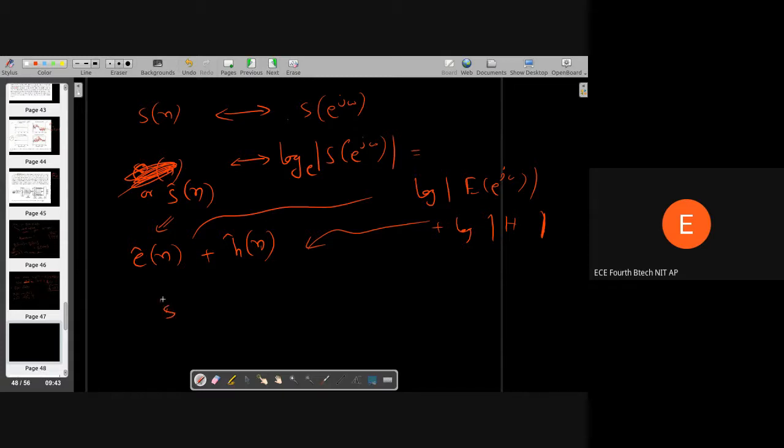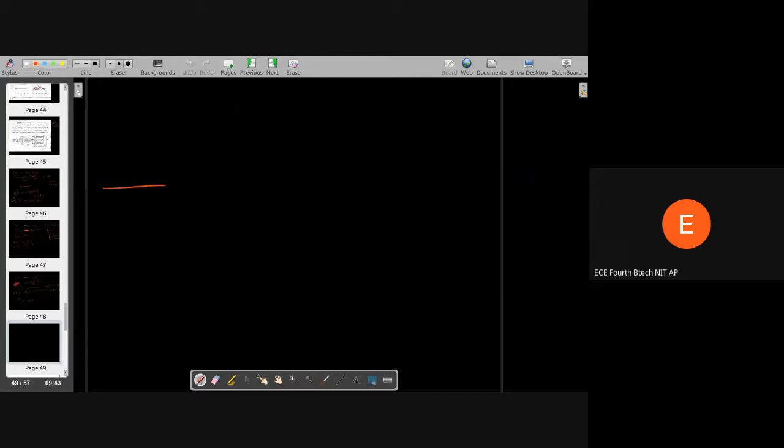Now this n is called quefrency. Instead of time, we call it quefrency, a play on words. If you take the first few components, whatever comes first, this is called liftering.